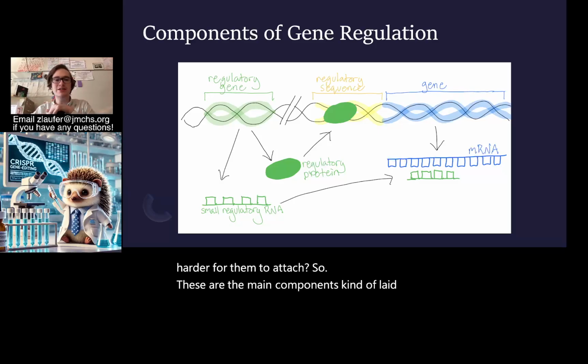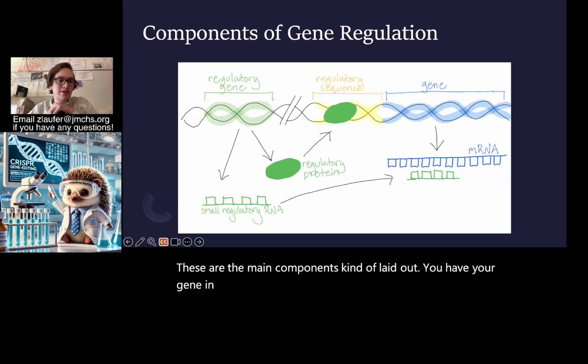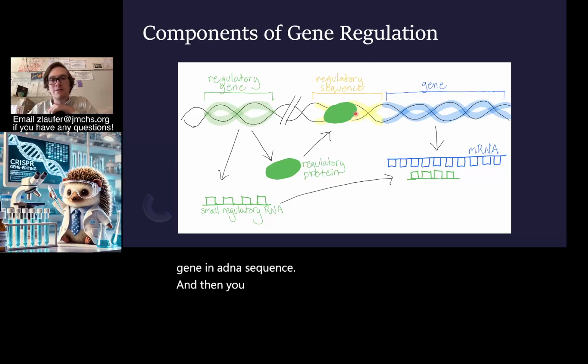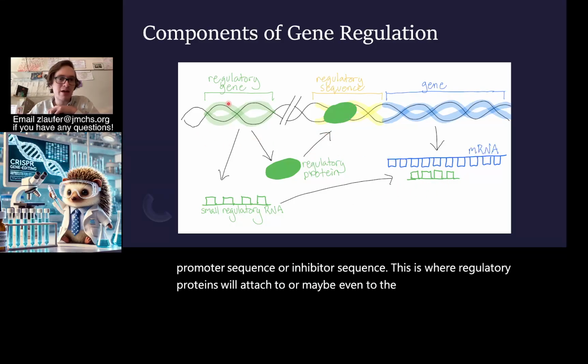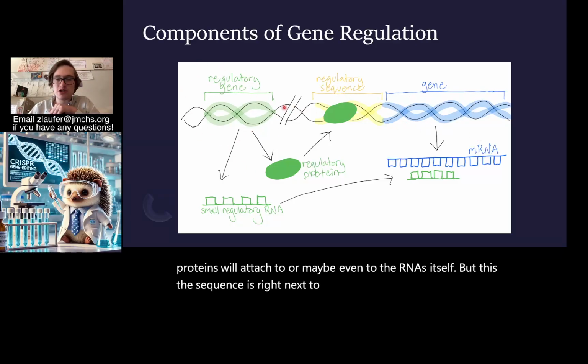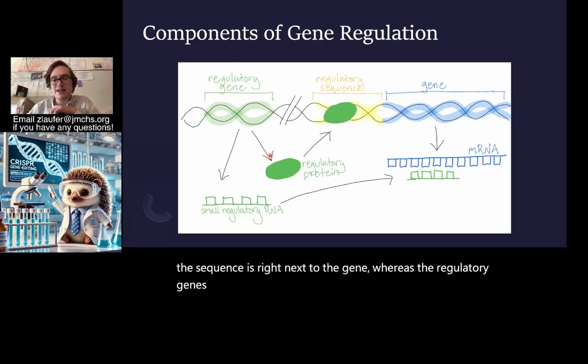You have your gene in a DNA sequence, and then you have a regulatory sequence, which is right before it. This is like your promoter sequence or inhibitor sequence. This is where regulatory proteins will attach, or maybe even the RNAs themselves. But the sequence is right next to the gene, whereas the regulatory genes themselves, the ones that encode proteins, can be anywhere.